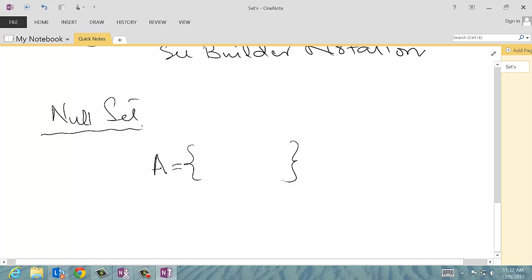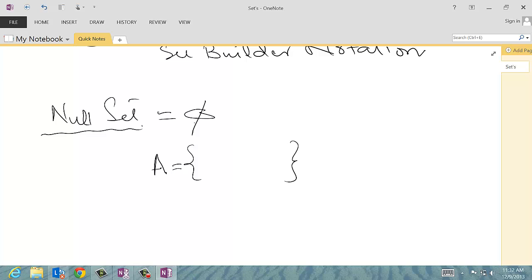So that's why this set is called an empty set. And we can't list any member. And well, there is one particular notation for this, and that's null set is usually denoted by this symbol phi. So if there is no element present in a set, it is called a null set, and it is denoted either by empty brackets or by the symbol phi.